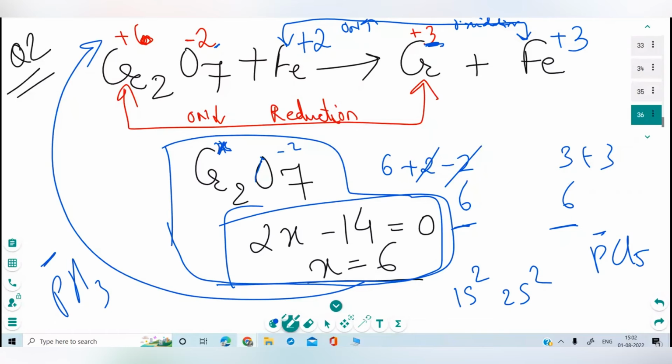So first I have taken out the oxidation number, or you can say the oxidation state. Then we saw, okay, this is reducing, and if one is reducing, the second one has to obviously increase. Then only oxidation and reduction will happen. That is the reason we took plus 2 and plus 3.